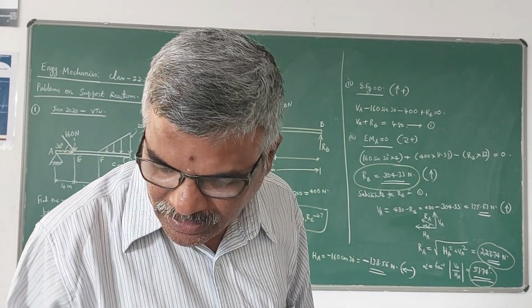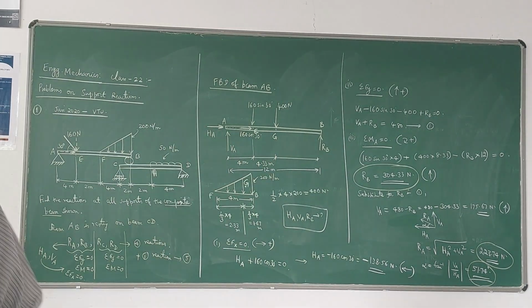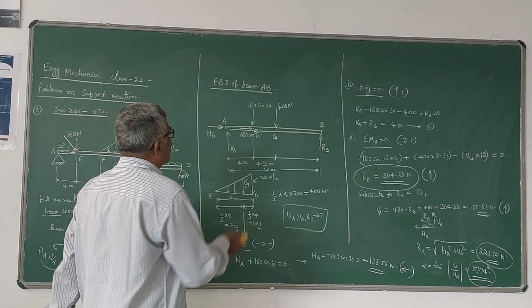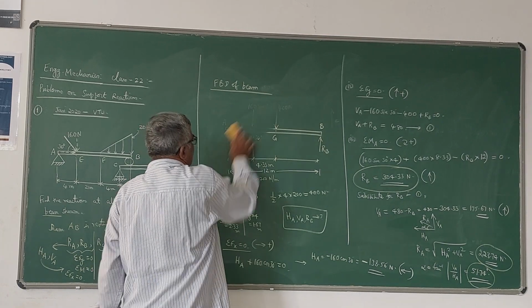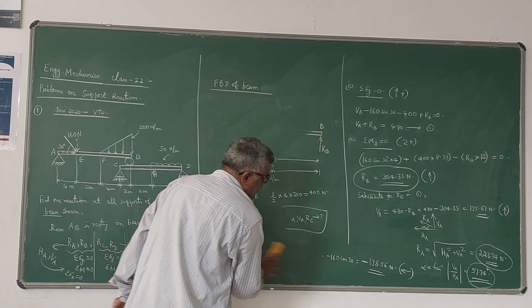Now to find the reactions RC and RD, we have to consider the free body diagram of this beam CD. So let us take the free body diagram of beam CD, and we will find the reactions RC and RD.